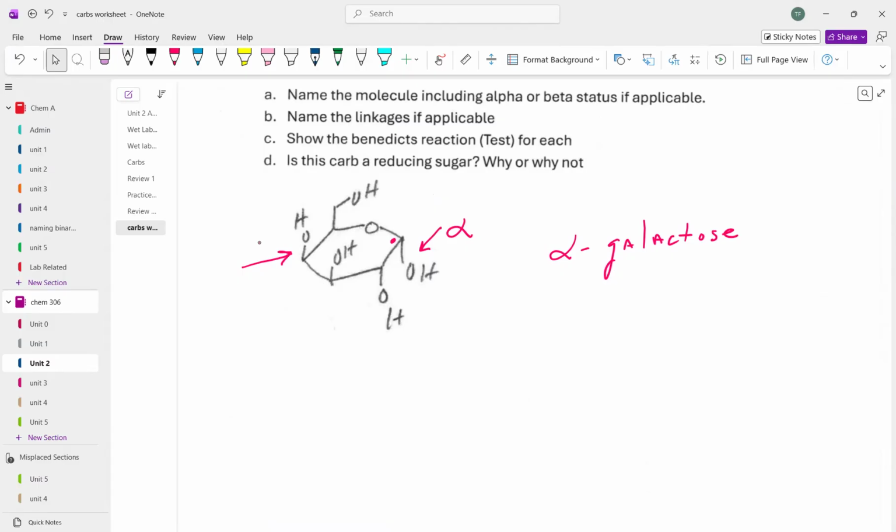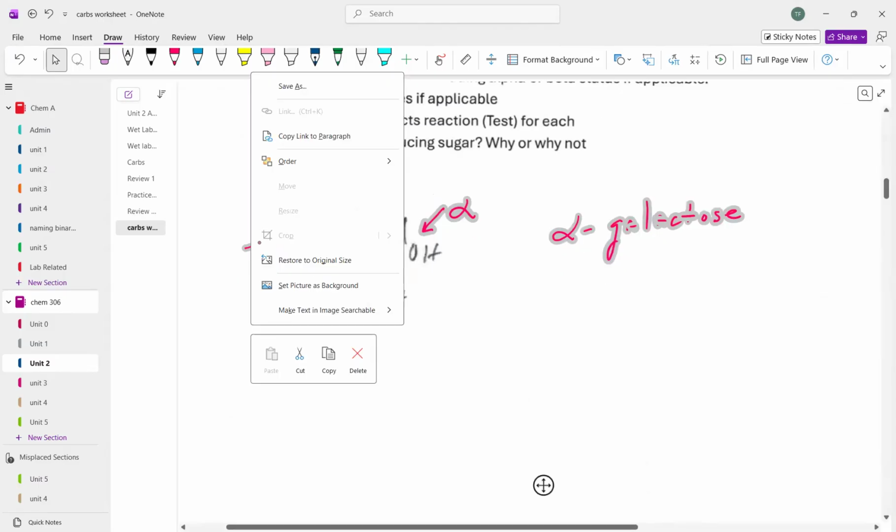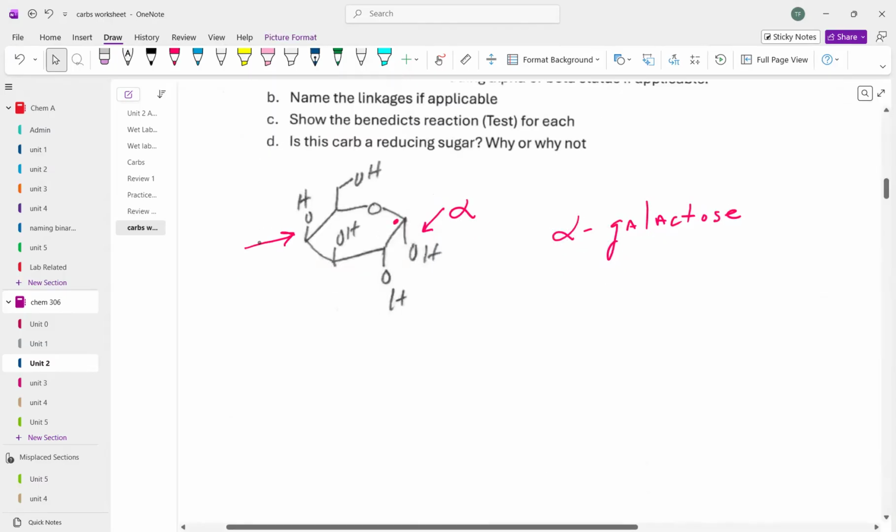Okay, show the Benedict's reaction. Step number one is to show the opening of the hemiacetal to an aldehyde. Here we have the O-C-O.